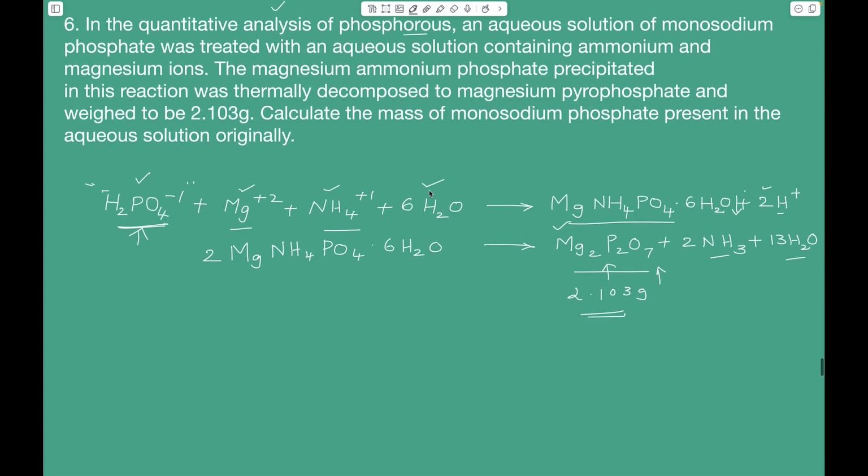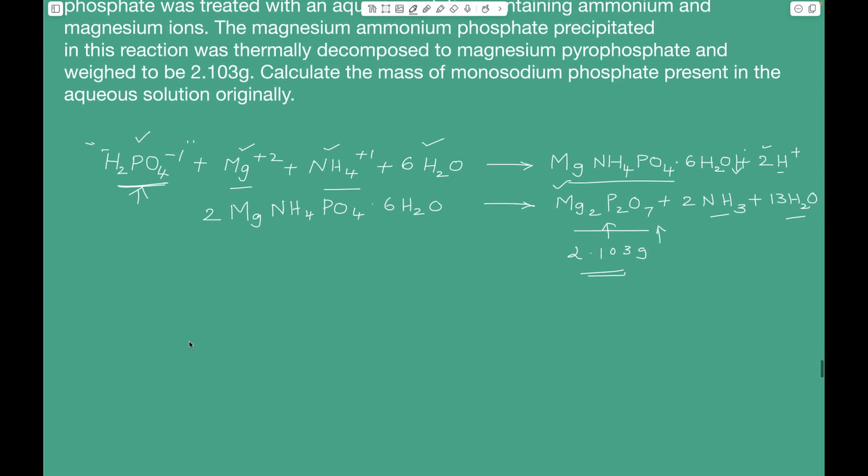So if you look at these two equations, you would understand that the monosodium phosphate that we have taken, either in one step or in two steps, it doesn't matter, eventually is getting converted into magnesium pyrophosphate, and all the phosphorus present here is ending up here.